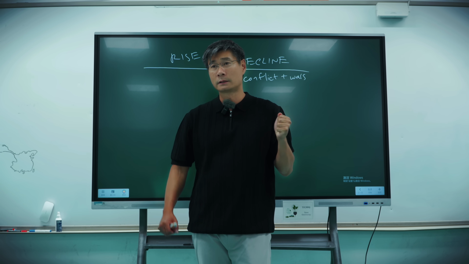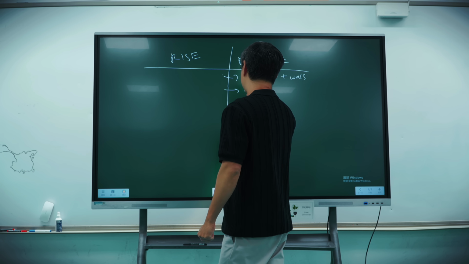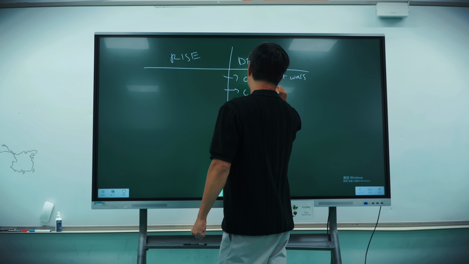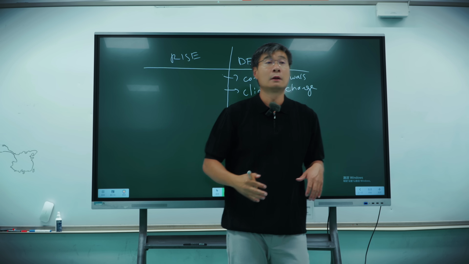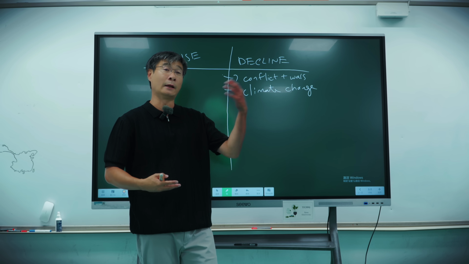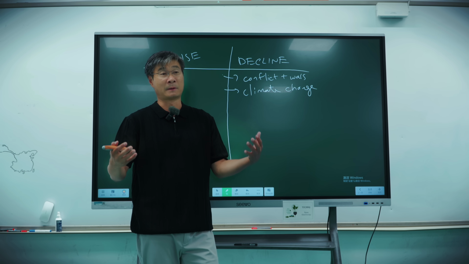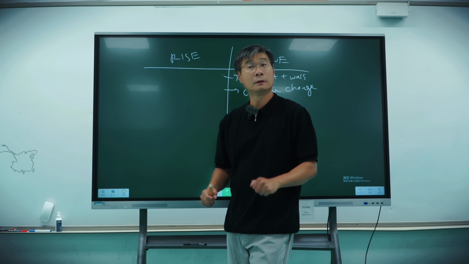What are some other signs? Environmental issues. Good, yes. So you have climate change. Okay, we are putting too much pressure on the environment, so the air, the water, the land is becoming much more toxic. Okay, good. What else?